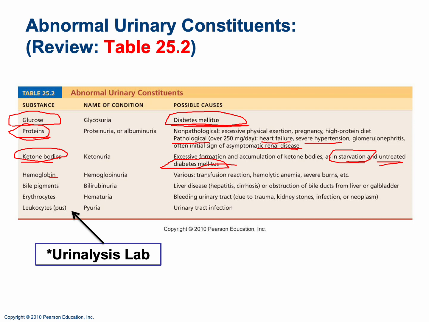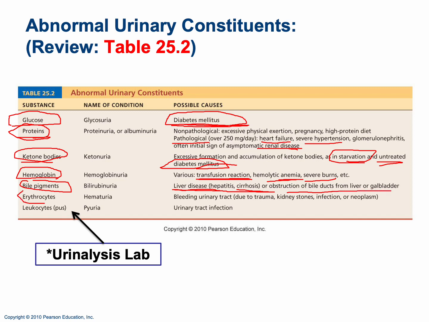If someone had high levels of hemoglobin, an abnormal amount, maybe because of a blood transfusion reaction or some form of anemia or even severe burns. The possibility of high biopigments, so possible high levels of bilirubin, would be a possibility of liver disease for the patient, either hepatitis or cirrhosis, or even obstruction of the bile duct from the liver or gallbladder.